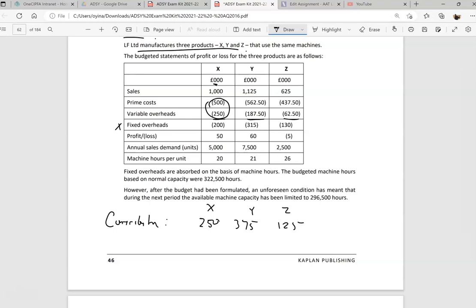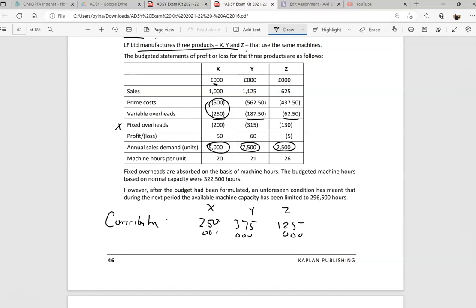Now, this is the contribution for all of these units. I think that's the important thing to highlight. They've done a total. It's almost like a budget, isn't it? This is the contribution, all the things. Remember, this is in thousands, so this is really 250,000, this is really 375,000, and this is 125,000.